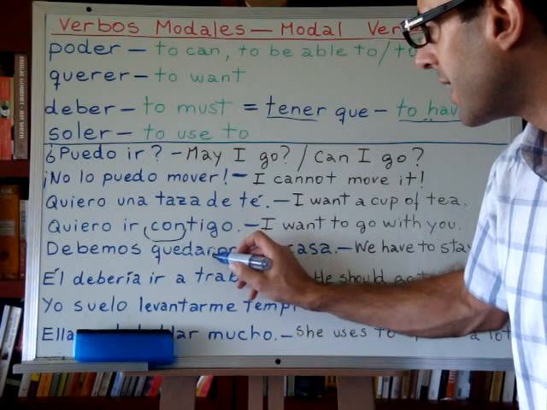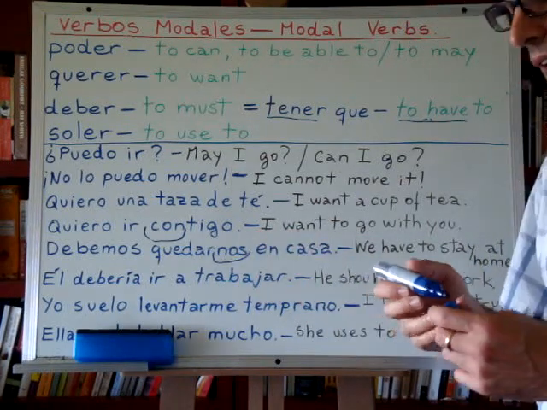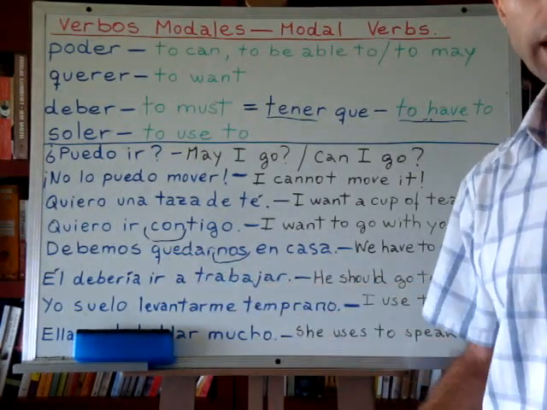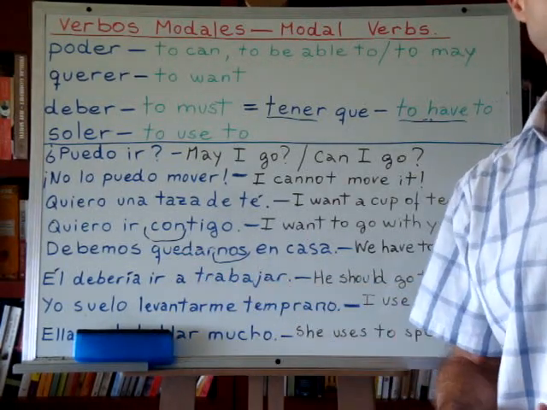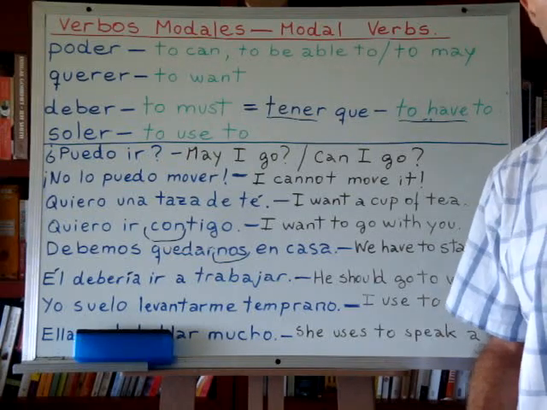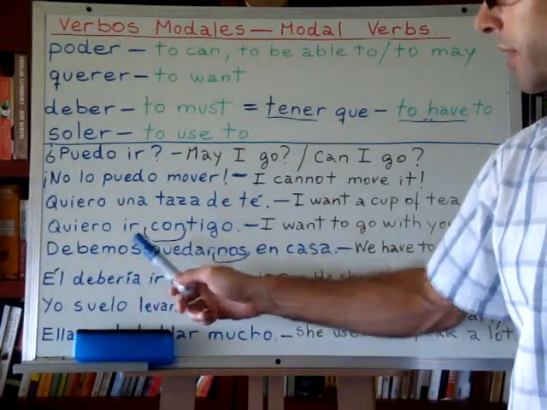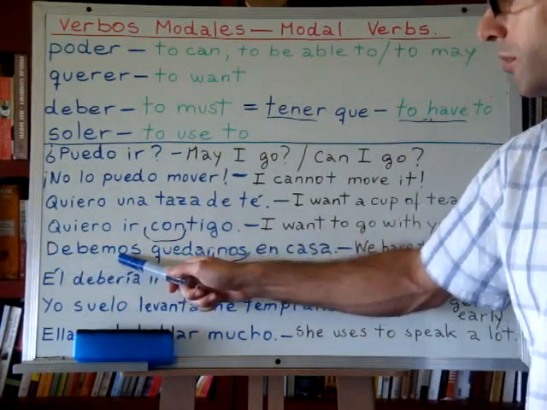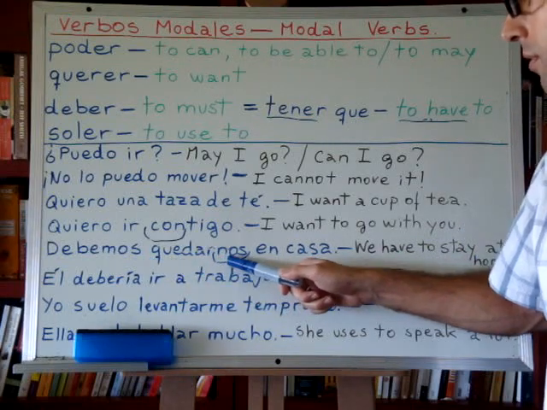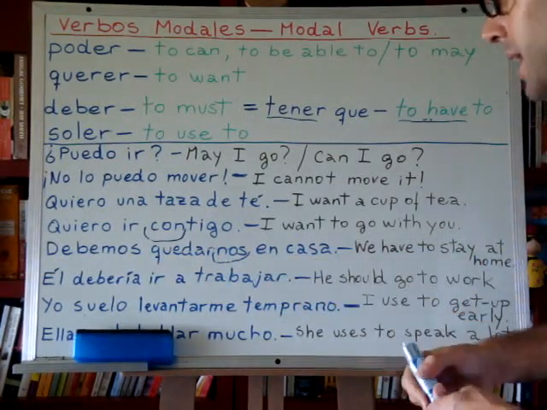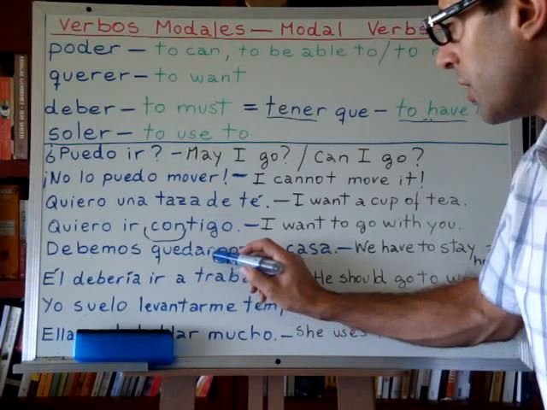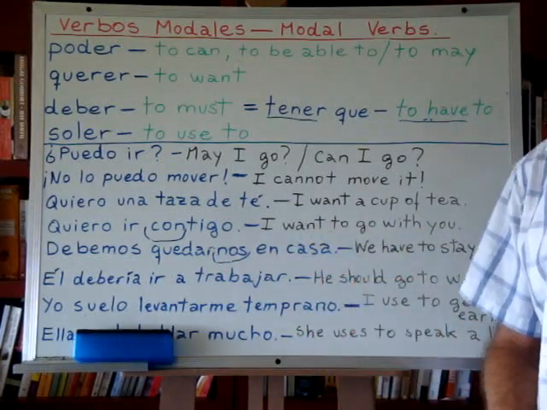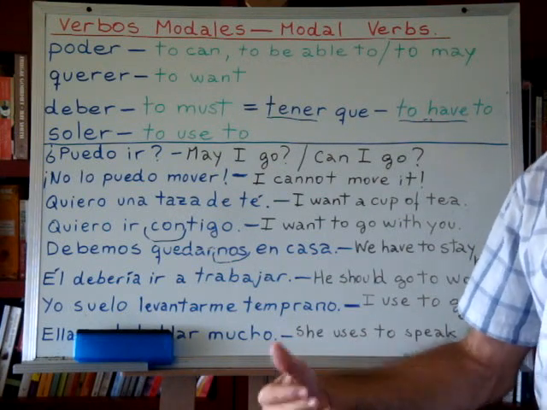You see, quedarnos. This literally means to stay ourselves. Okay? I know this kind of verbs doesn't exist in English. That's why it sounds awkward, right? But in Spanish, these verbs are quite common. We have to stay ourselves at home. Quedar is stay. Nos would be ourselves. En casa. We have to stay at home, or we must stay at home.